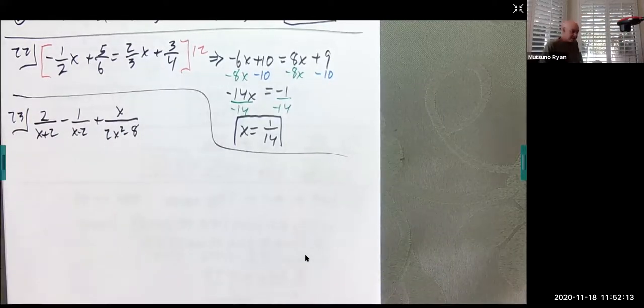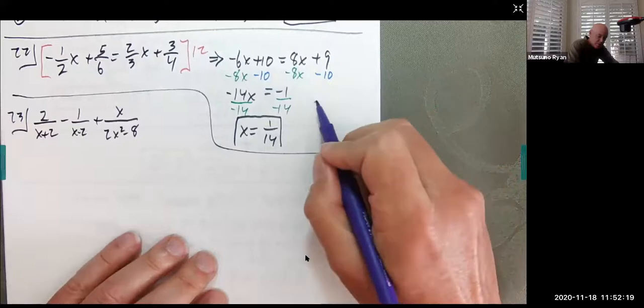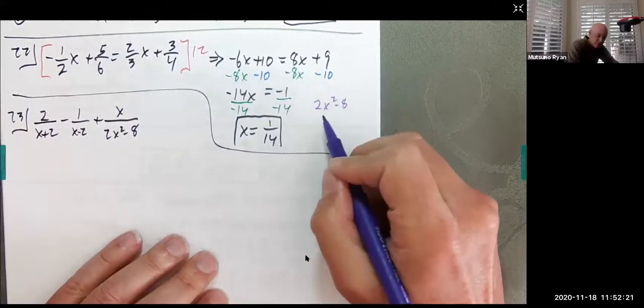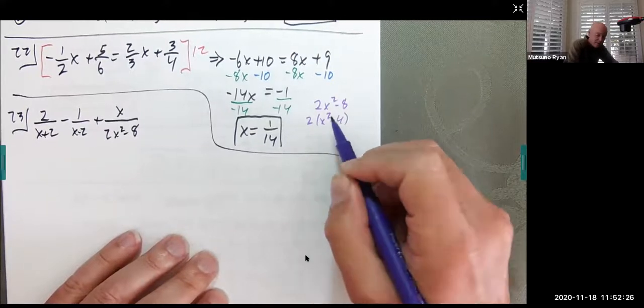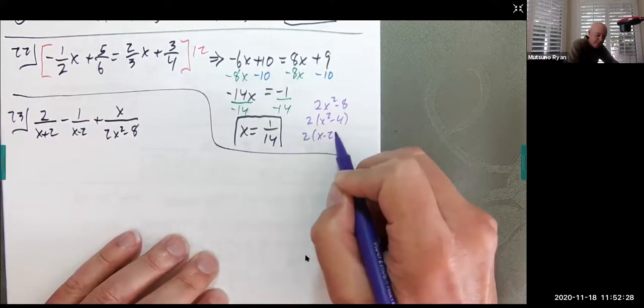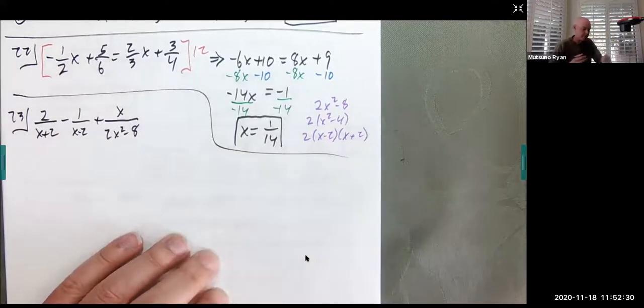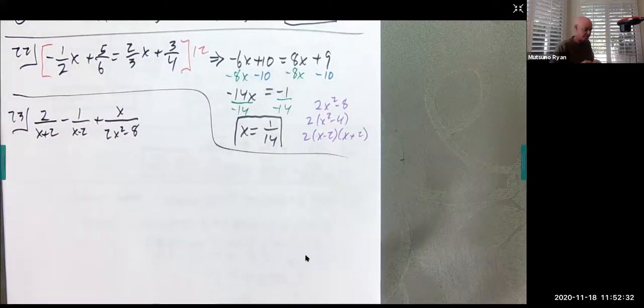So we're going to have to get a common denominator, but before I do that, I'm going to have to factor. Let me go to my scratch paper off to the side here. 2x squared minus 8. I can factor a 2 out. And then notice I have a difference of squares there. That is my common denominator.